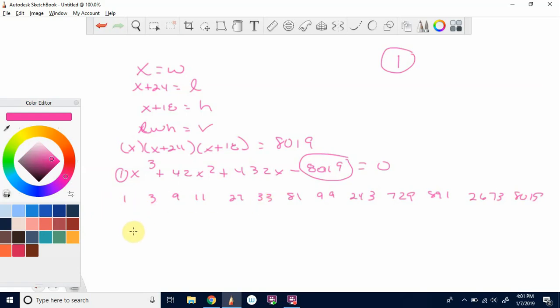Now, we use synthetic division, right? And so they did 1. When they did 1, I forget what they got, but it wasn't remainder 0. And then they did 3 and it wasn't remainder 0. And then they put positive 9 and they got remainder 0. Okay.